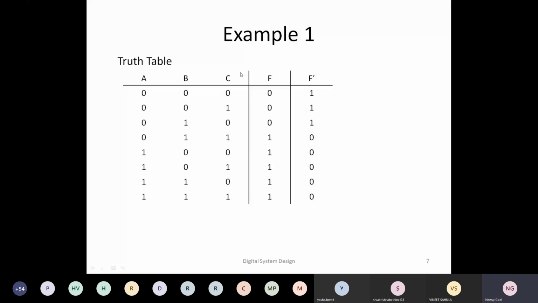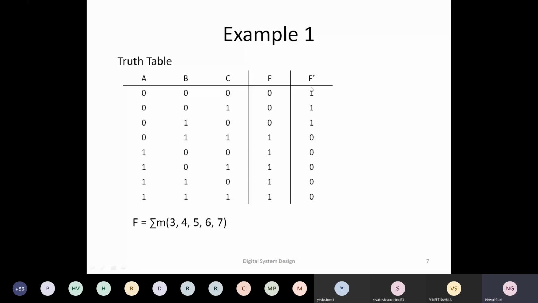Let's say the number of variables here is 4, then the total number of combinations will be 2 to the power 4, that means 16 combinations, and for all the 16 combinations, I will evaluate F. Using this truth table, wherever the values are 1, the corresponding min term is included, and the output is the sum of those min terms.